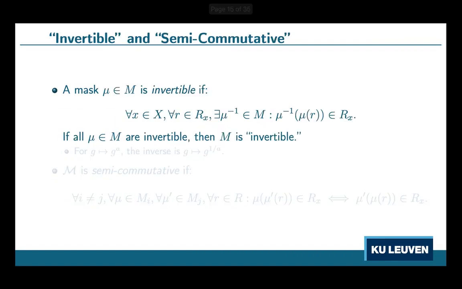And we then have to define what we mean by invertible and semi-commutative. So masks can be invertible if for any element and any representative, we can define an inverse mask, such that applying first the mask and then its inverse gives a representative of the same element. So the two things to note here: first, we only obtain a representative of the same element, not necessarily the same representative, but we do require that elements can be efficiently computed from any of their representatives.